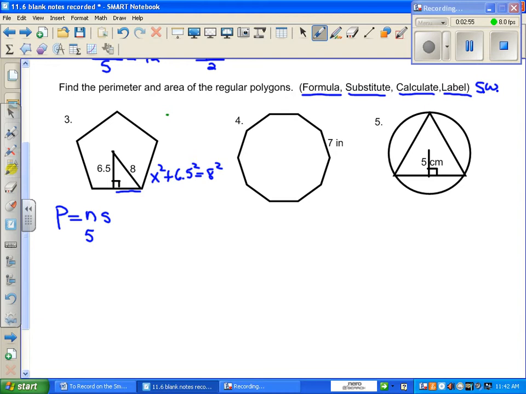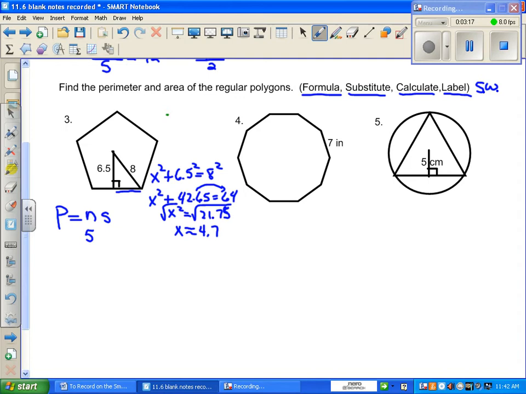So we take our x squared plus, this is going to be 42.25, and 8 squared is 64. Alright, you'd subtract, and x squared would end up equaling 21.75. You'd square root, and x would equal approximately 4.7.